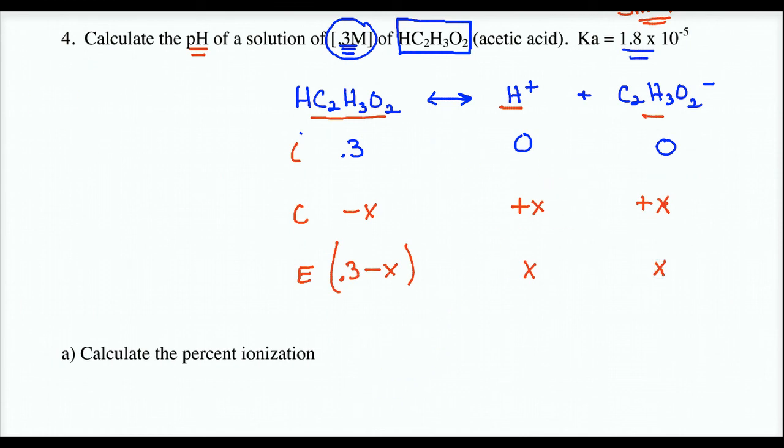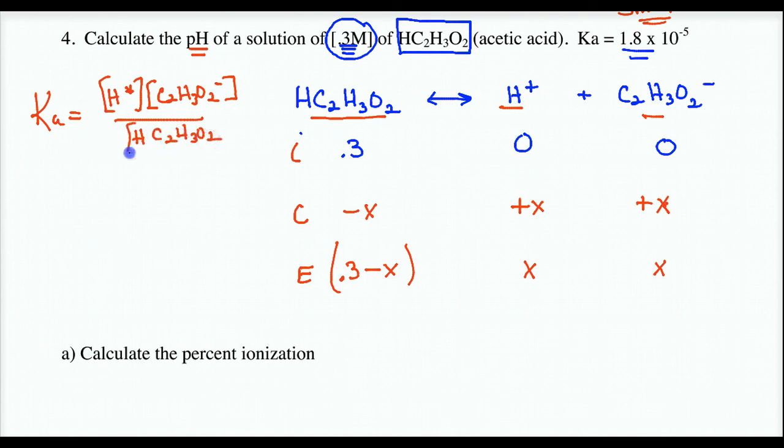Okay, let's put in our Ka. Our Ka is equal to what? Our products over reactants, H plus, the acetate ion, which is our conjugate base, over our undissociated acid, our acetic acid, or hydrogen acetate.